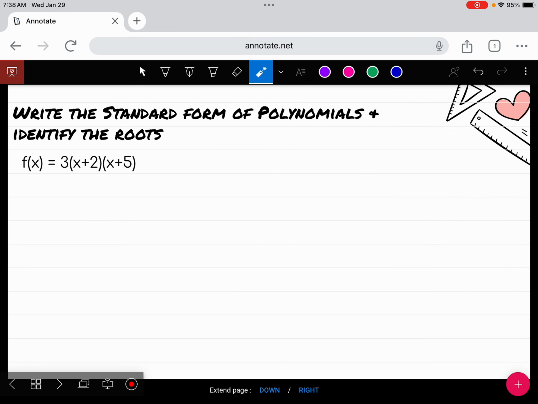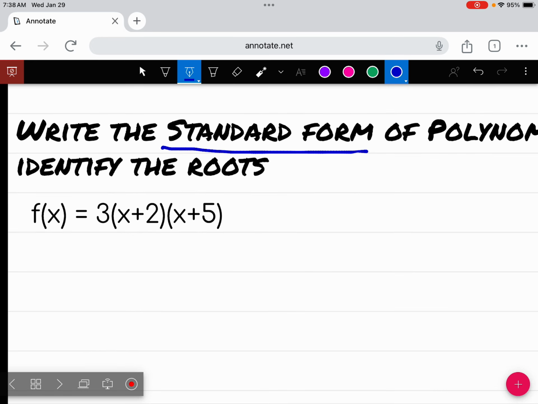So then we're going to take a polynomial equation and we want to find the standard form of this polynomial and find its roots. So two different pieces. So standard form, what do we remember about standard form? We talked about that in the last chapter.